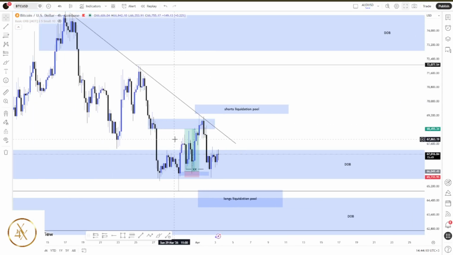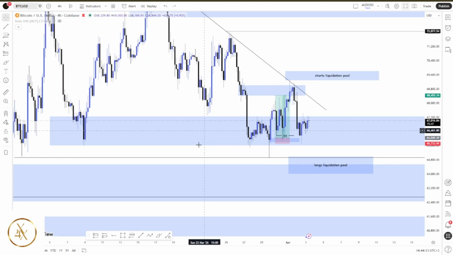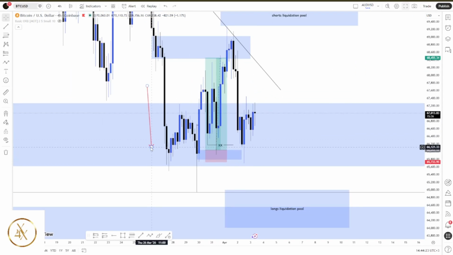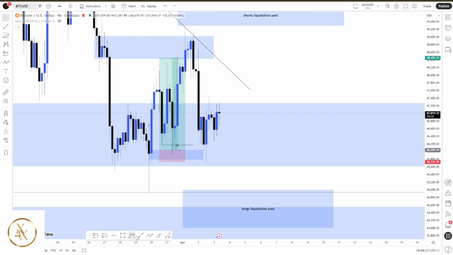That particular order block on the 4-hour, you see price tapped into it and created this candle here. This 4-hour candle right here.